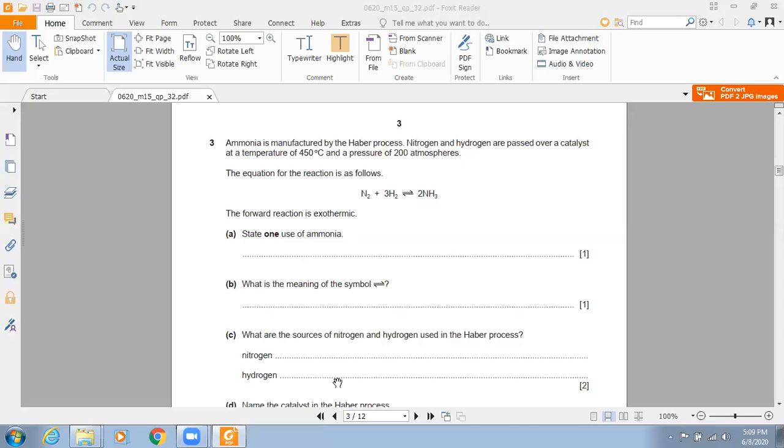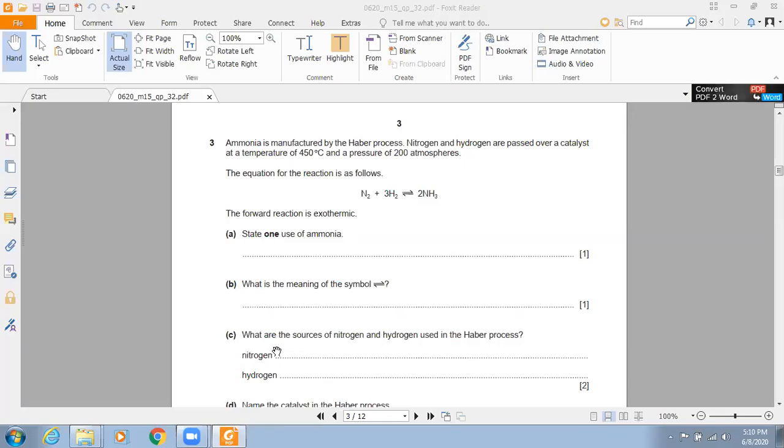Okay. What are the sources of nitrogen and hydrogen used in the Haber process? What is the source of nitrogen? You know that nitrogen is found from air. The main component found in air is nitrogen. It is 78 to 79%, whereas oxygen is 20 to 21%.